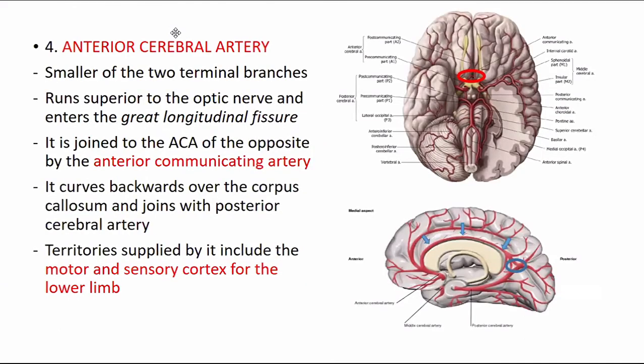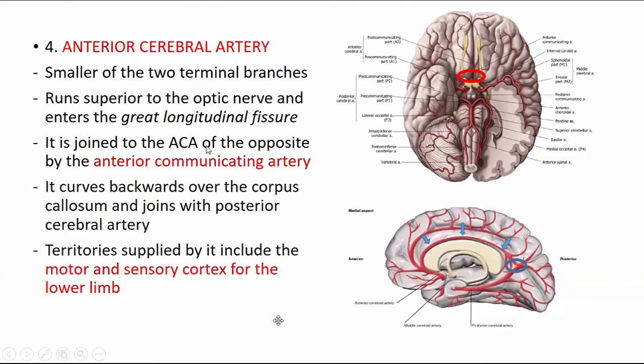Next is the anterior cerebral artery. It is the smaller of the 2 terminal branches. It runs superior to the optic nerve and enters the great longitudinal fissure. The longitudinal fissure is the midline space between the 2 cerebral hemispheres. You see my arrow, that's the great longitudinal fissure.